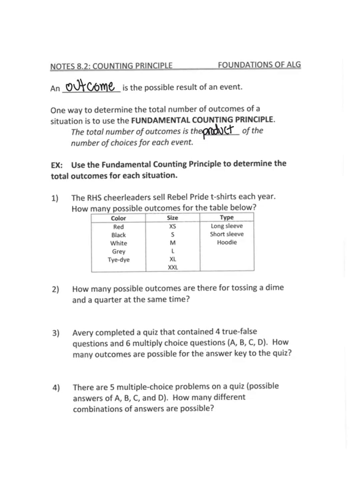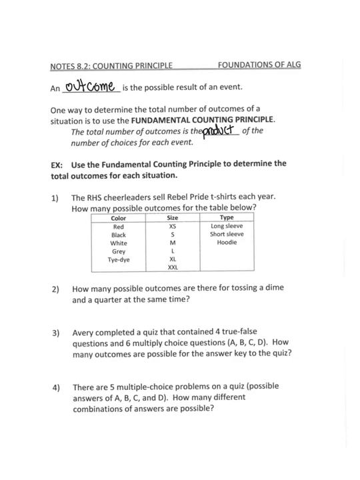If we look at the first example, it says use the fundamental counting principle to determine the total number of outcomes for each situation. The RHS cheerleaders sell Rebel Pride t-shirts each year. How many possible outcomes for the table below?